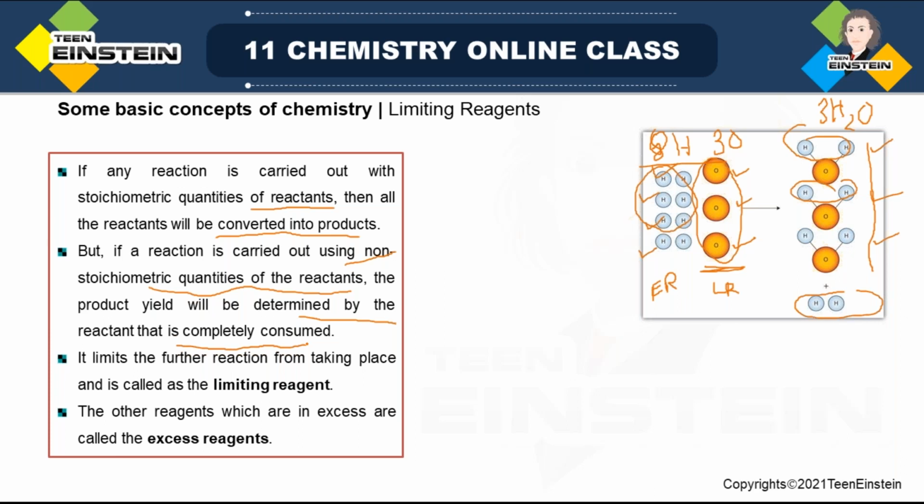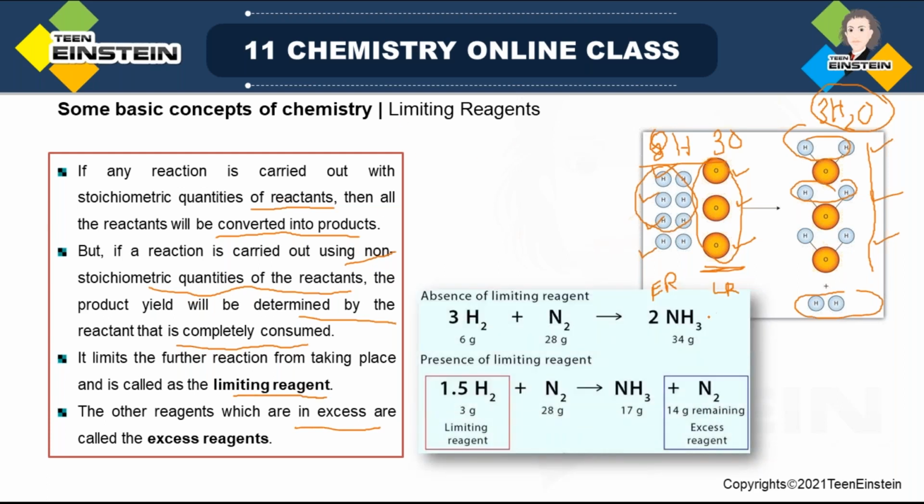That means the product yield will be determined by the limiting reagent, in this case oxygen. As you have taken 3 oxygen atoms, you cannot get more than 3 moles of water. It limits the further reaction from taking place and is called the limiting reagent, and the other reagent which is in excess is called the excess reagent.